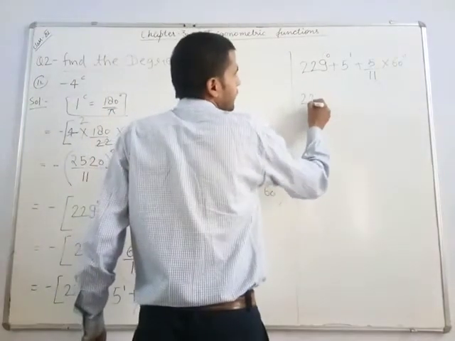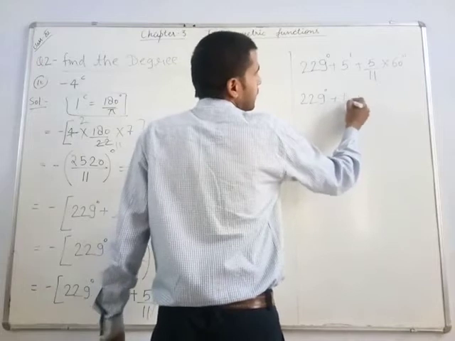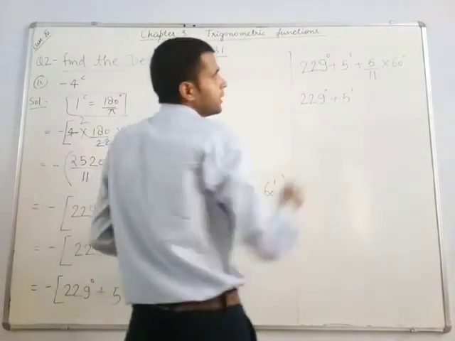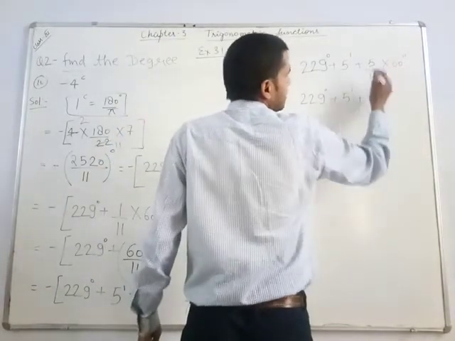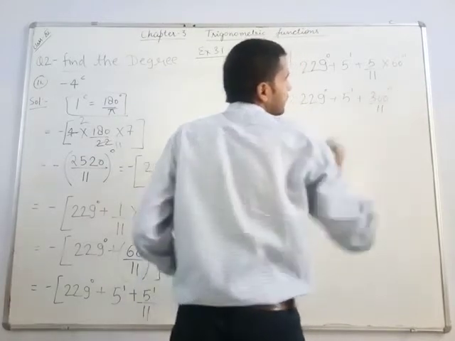So 229 degree plus 5 minutes plus 5 times 60, 300 upon 11, right?